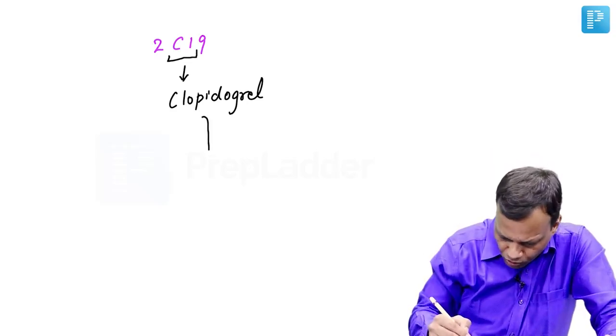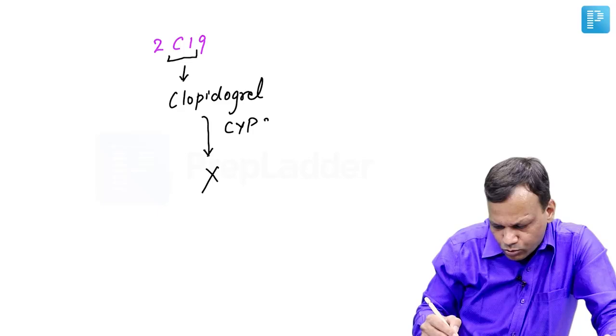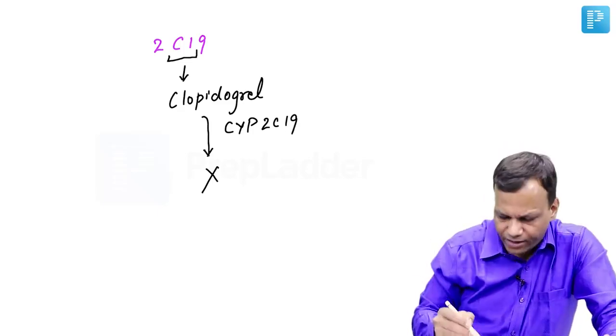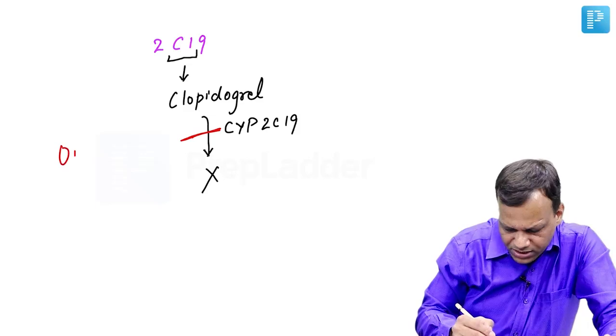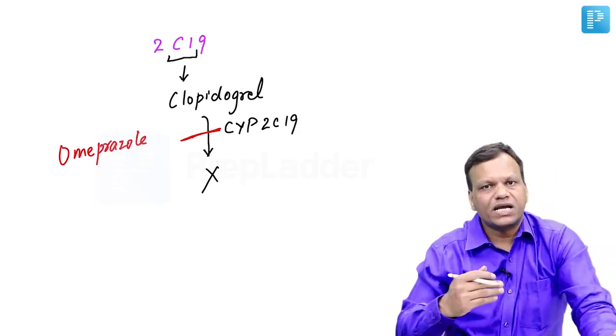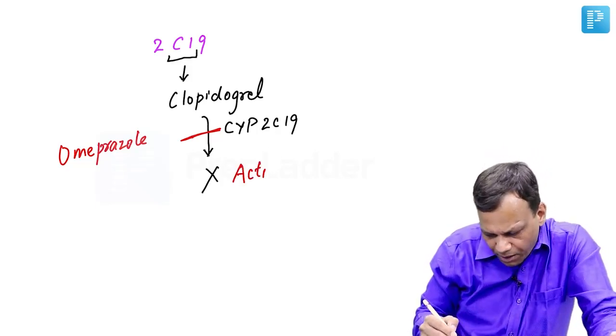What is important, clopidogrel is a prodrug. It becomes active with the help of CYP2C19. So if we give enzyme inhibitors like omeprazole, which is an inhibitor of CYP2C19, that will stop the metabolism of clopidogrel. So that means clopidogrel will not become active.